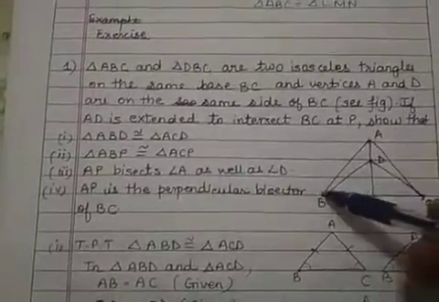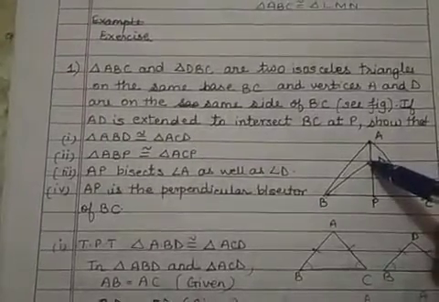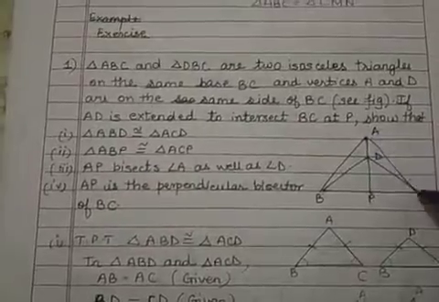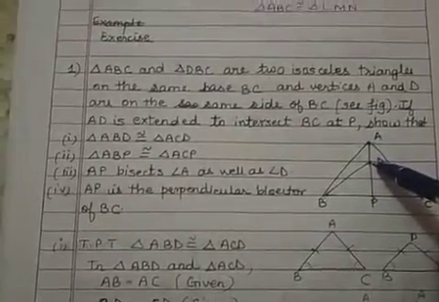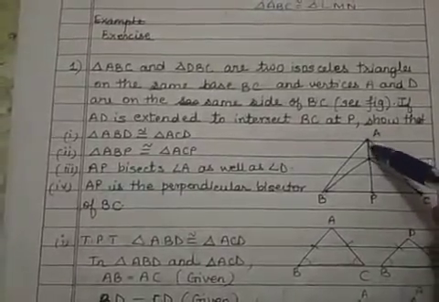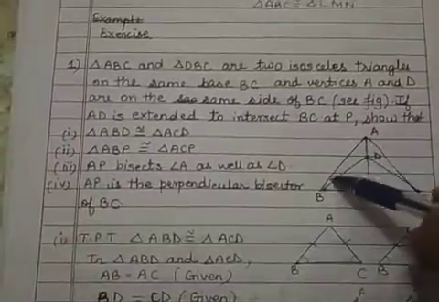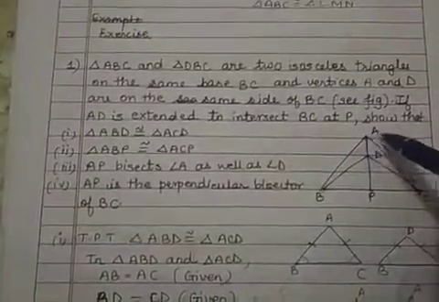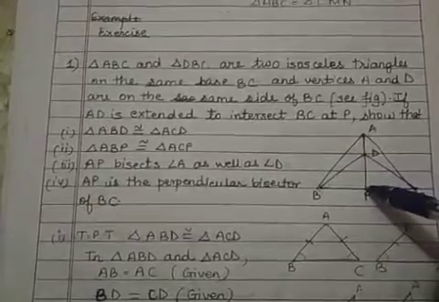First, triangle ABD is congruent to triangle ACD. Second, triangle ABP is congruent to triangle ACP.